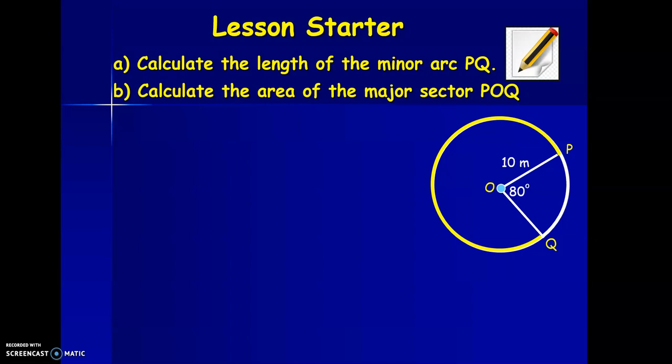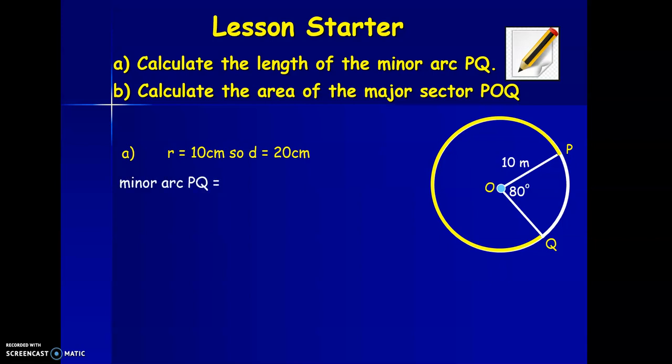Okay, so let's have a look at the answers to the starter. So, question A, we have to calculate the length of the minor arc, PQ. So, if the radius is 10 centimetres, then the diameter is 20 centimetres.